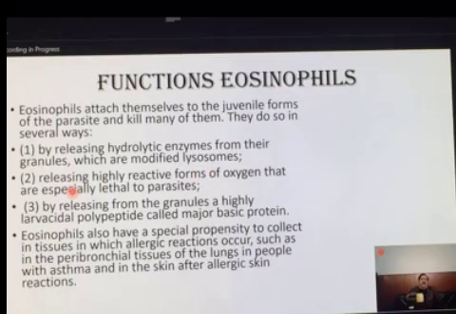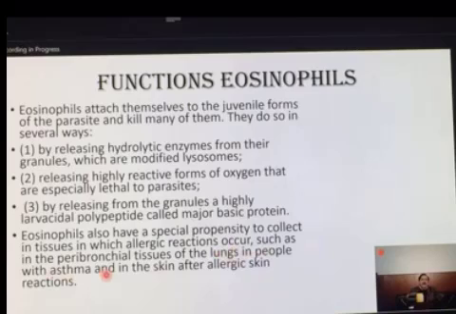The second mechanism is that they release highly reactive forms of oxygen. Remember that oxygen is also toxic in high concentration. They also release a polypeptide called major basic protein. They are larvicidal; they kill the larva.